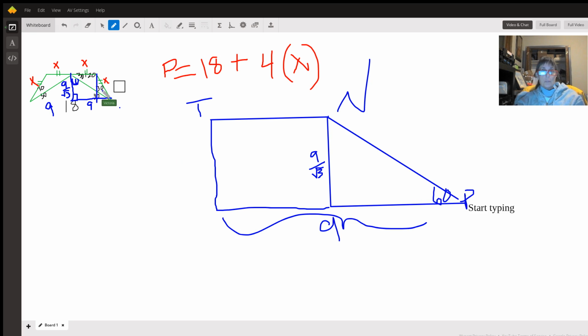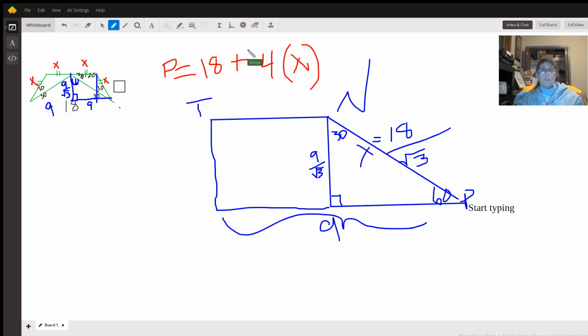It's this 30 plus this 30, and this is 90, and so this is 30. So this is the short side of a 30, 60, 90, and the hypotenuse is twice its length, which is 18 over the square root of 3. And if you have to rationalize that. But anyway, this length is x, right? It's N to P.